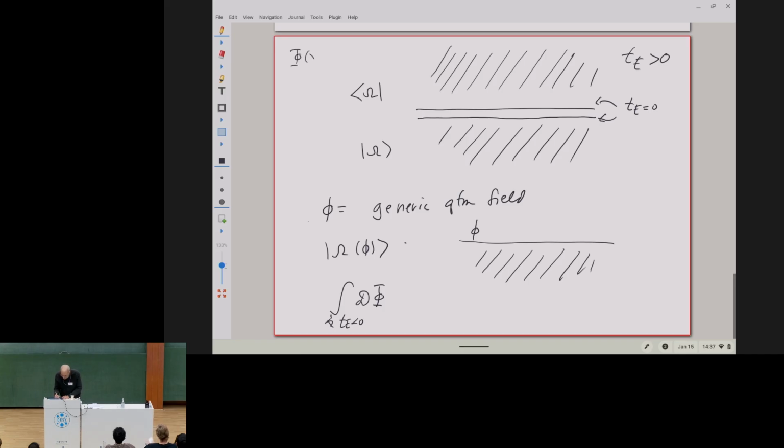Capital phi will be a field on all of space-time. Little phi will be a field at t equals 0. So we integrate over all fields with the condition that at t equals 0, phi reduces to the phi we want, times e to the minus action. Integrating over all fields on the lower half plane with the boundary values fixed at phi gives us the vacuum wave function as a function of phi.